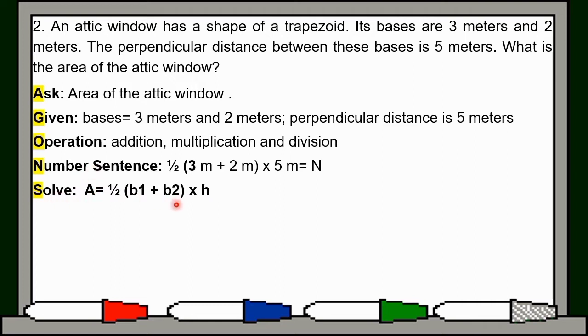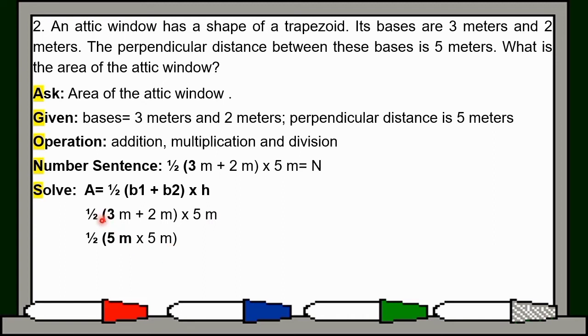So the formula in finding the area of a trapezoid is 1/2 (base 1 plus base 2) times height. So we have 1/2 (base 1 is 3 meters, plus base 2, 2 meters) times the height, 5 meters.